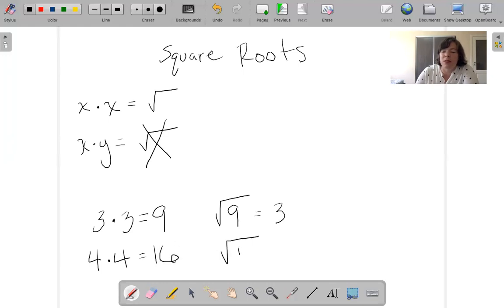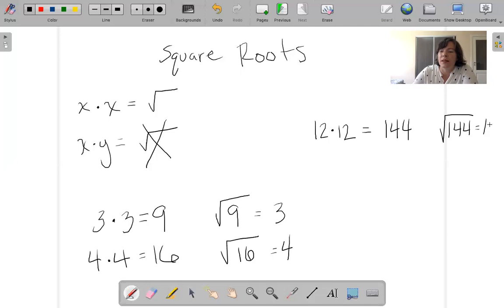So that means the square root of 16 equals 4. 12 times 12 equals 144. That means the square root of 144 is 12. See, this is the same. 12 is the same as 12. 3 is the same as 3. 4 is the same as 4. X is the same as X.